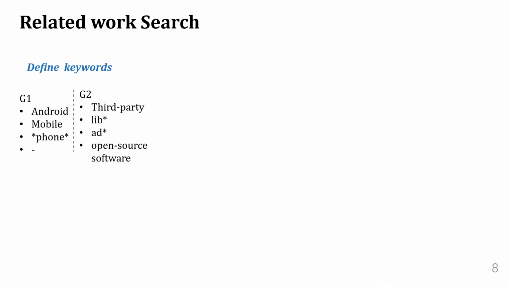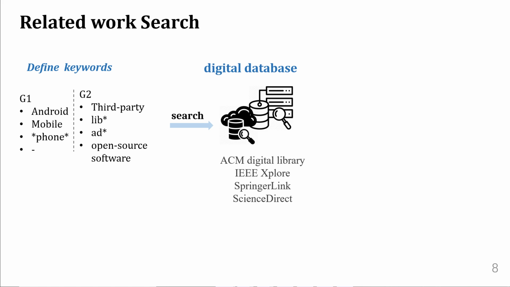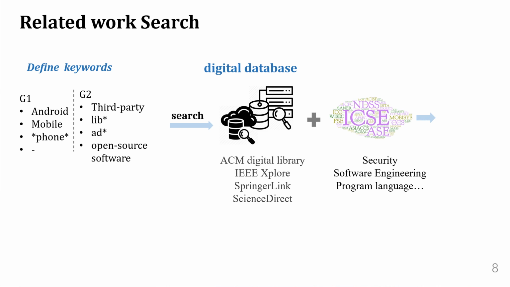In order to conduct this research, we need to collect all the related work in TPL detection. Therefore, we defined some keywords and searched the digital databases of top conferences and journals in security, software engineering, and programming languages, and tried to find all related work in TPL detection.